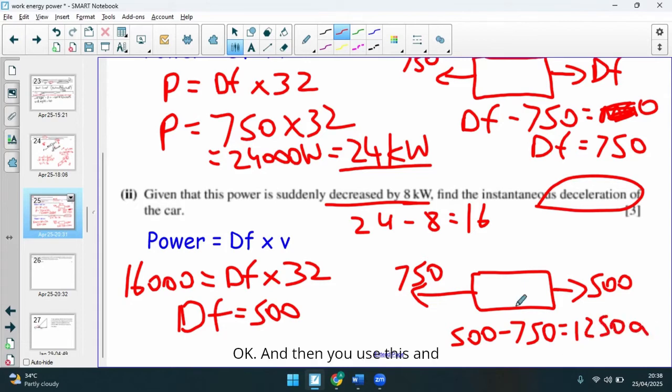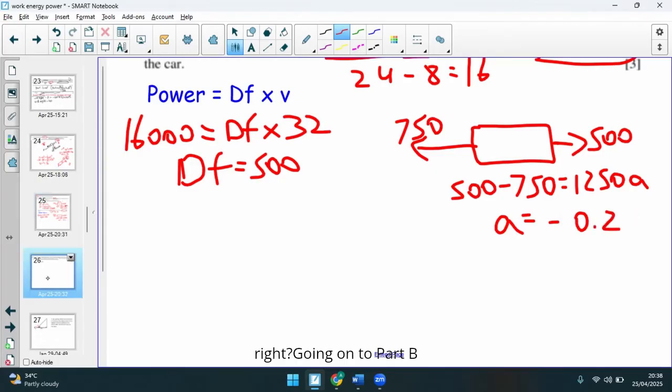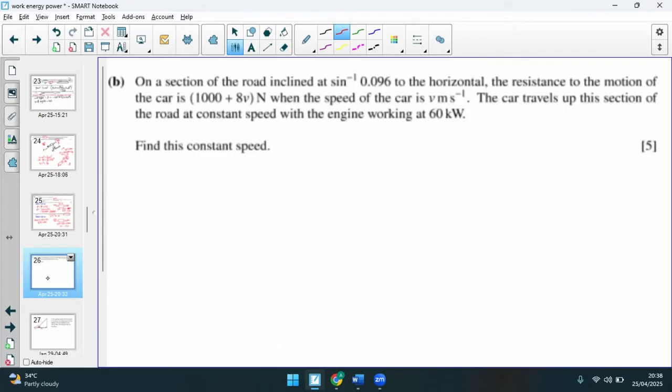And then if you solve it, your acceleration will be negative 0.2. Going on to part B. Again, moving very quickly because there are lots of questions to go through.